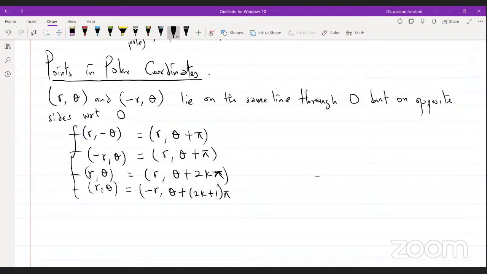Suppose I have my polar axis. Suppose we subtend at an angle.